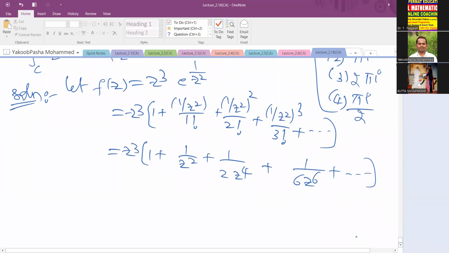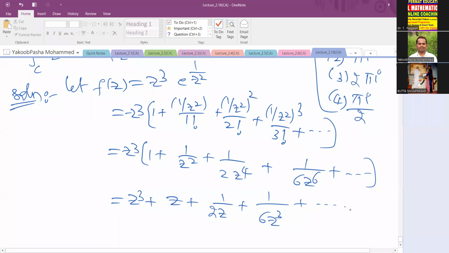So now multiply with the z cube. So we get z cube, that is z, the first term, plus 1 by 2z plus 1 by 6 z cube and so on.